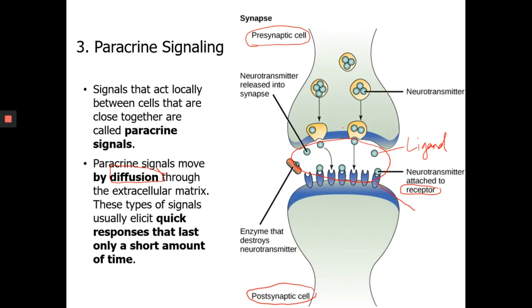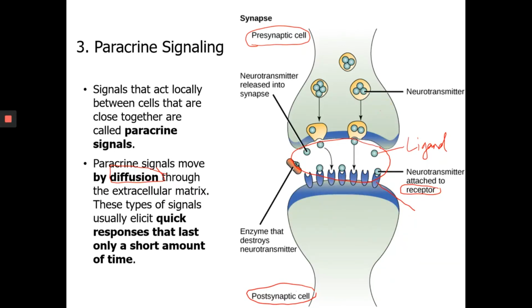So this is a high concentration, this is low. So these ligand molecules are going to diffuse, and once they attach or they bind to the receptors right here, these are all receptors, this is going to trigger a cascade of chemical reactions. And this is how the signal is transmitted from the signaling cell to the target cell.